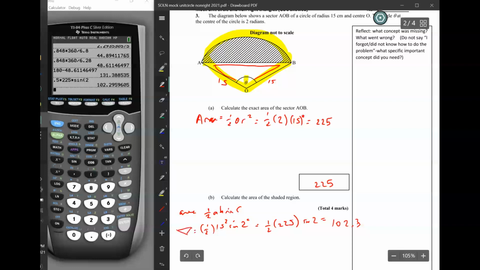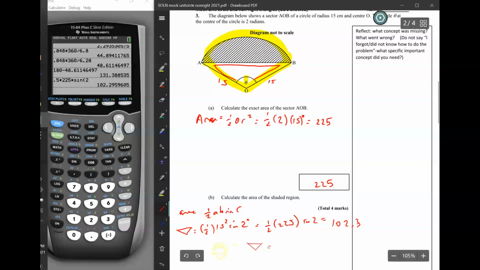Okay? Now what we want to do is find the difference between the yellow pizza piece minus the red triangle. And that would give us the shaded region, the shaded, I don't know, orange slice.